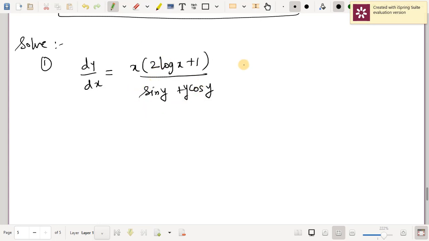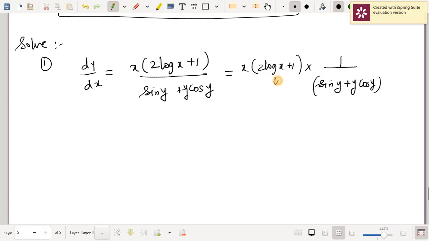Now if you observe, this can be written as x into 2 log of x plus 1 into 1 by sin of y plus y cos y. So this is treated as a function of x and this is treated as a function of y.